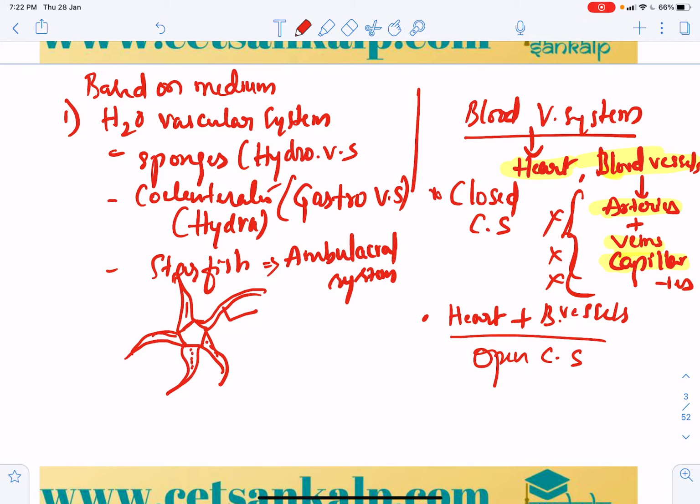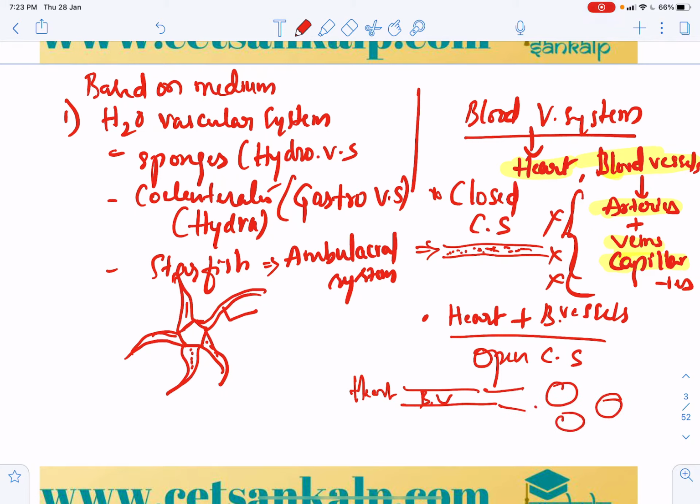In a closed circulatory system, blood always flows through closed tubes. We can't see the blood flowing within the body, as it is always in closed vessels. In an open system, the blood is pumped by the heart through the larger blood vessels, and it reaches the body spaces where organs are present.